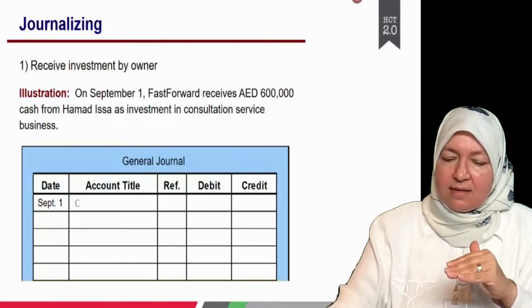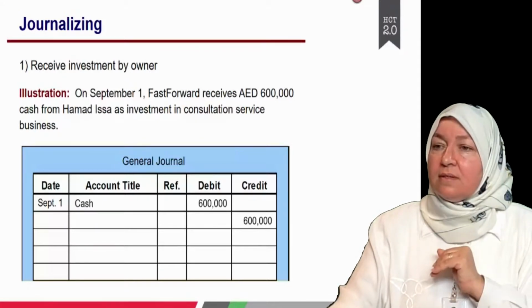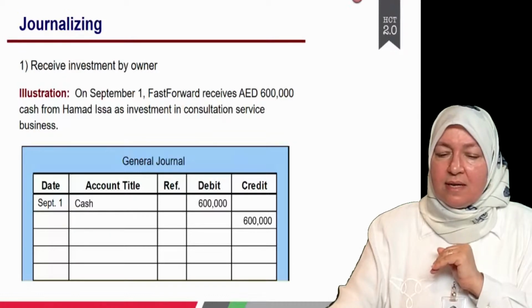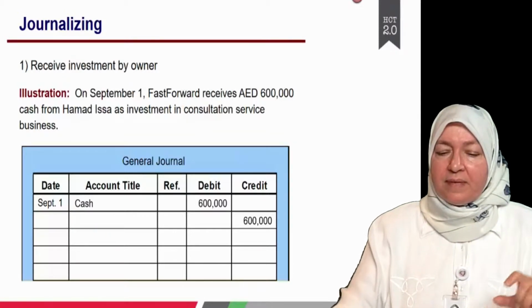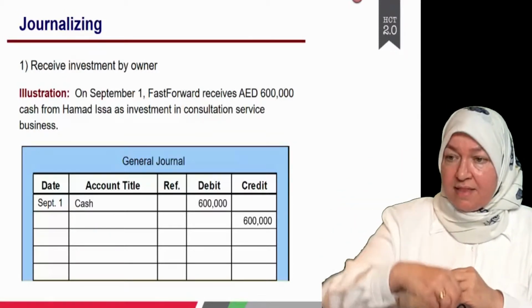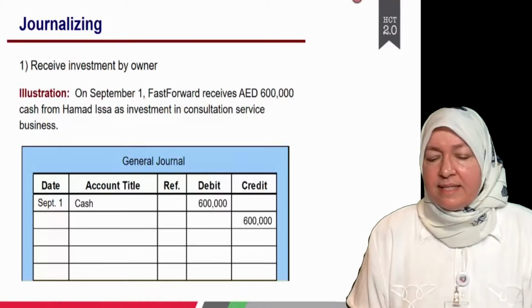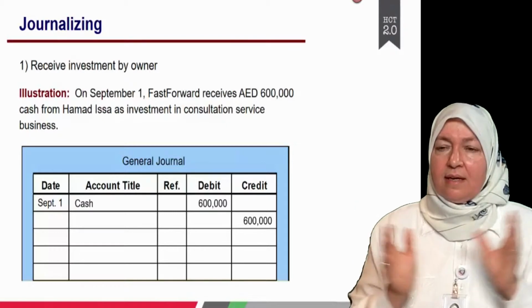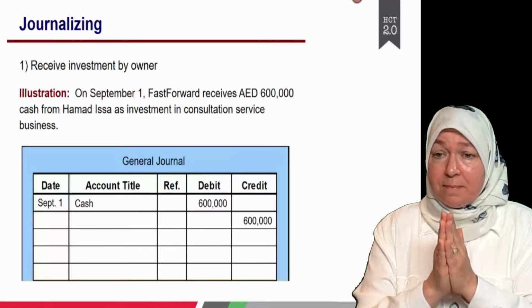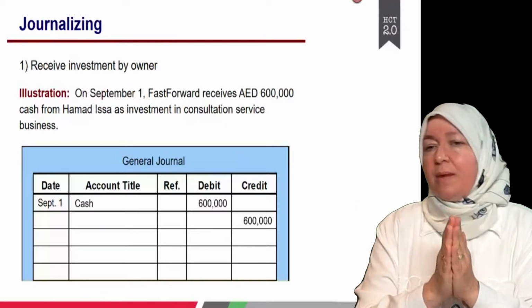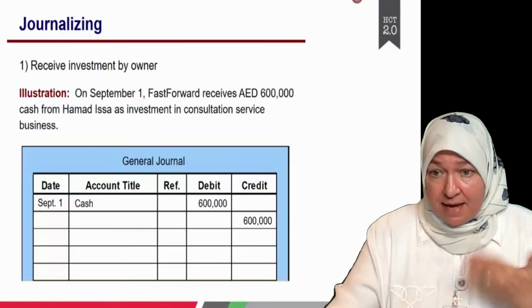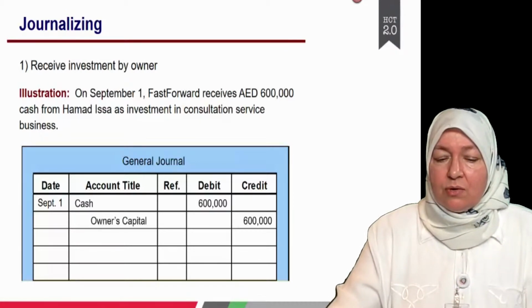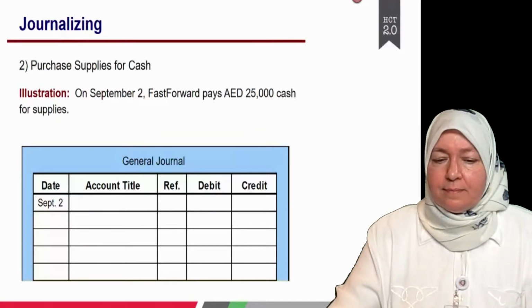So we put it in cash debit by 600,000. Now the credit side is investment by the owner in the business, and the owner is Hamad Isa. So capital, its normal balance is credit, and it's increasing, so I put it in the credit side, same as its normal balance. So credit owner's capital.